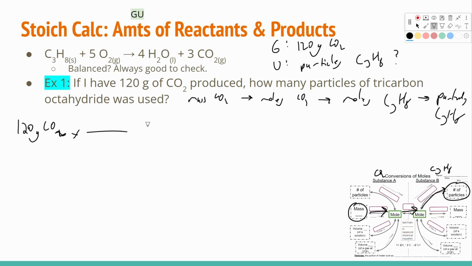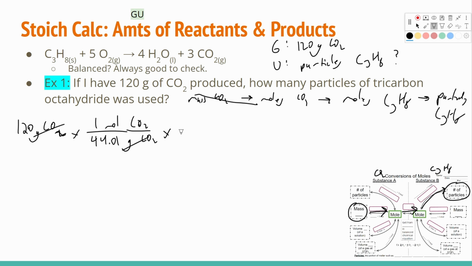So in this case, oxygen has 2. And so the 44.01 grams is going to go on the bottom because I want to make sure units cancel. So 44.01 grams of CO2 to 1 mole of CO2. And so my units of grams CO2 are canceled out. I just did this step and I went to moles of CO2.